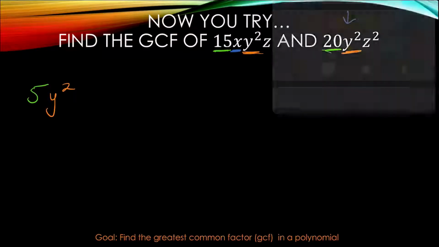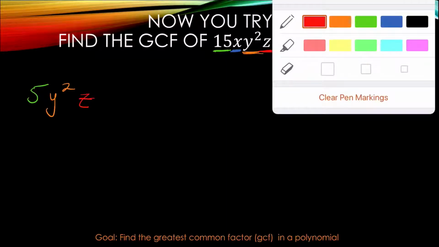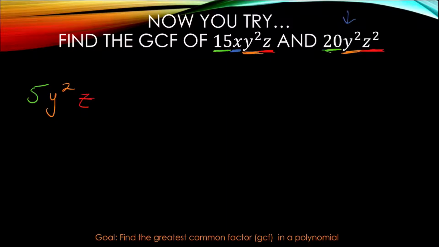And lastly, I have a z in this term and z squared in this term. So I can only take out one z, because this term only has 1. So my greatest common factor is 5y squared z.